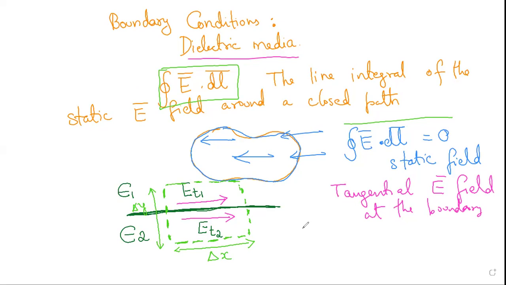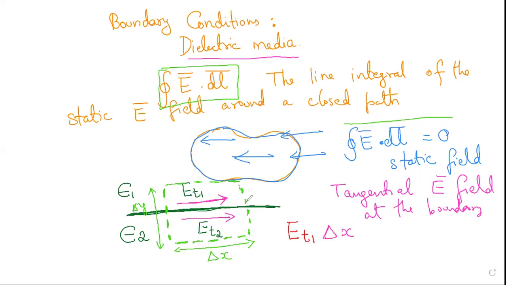So I'll go round, and when I go round, I will say ET1. ET1, I'm going to multiply it with the length. What is the length that ET1 is getting applied to? Delta x. Very good. Delta x.